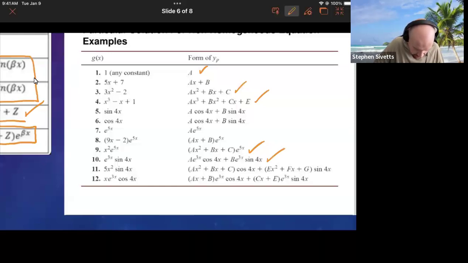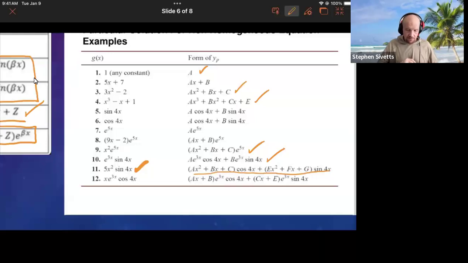And if you have a product of a polynomial and a trig function, you would use this. Notice here, it's a different type of quadratic polynomial, a quadratic trinomial, in combination with a cosine and a sine function.